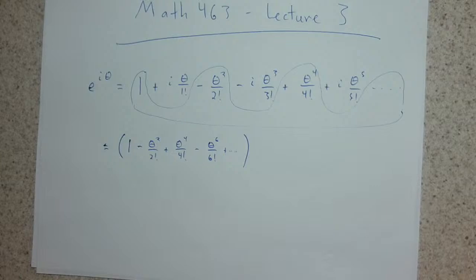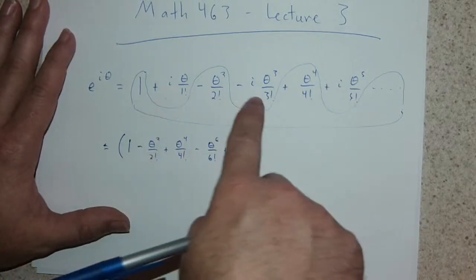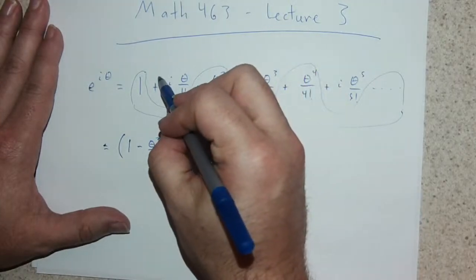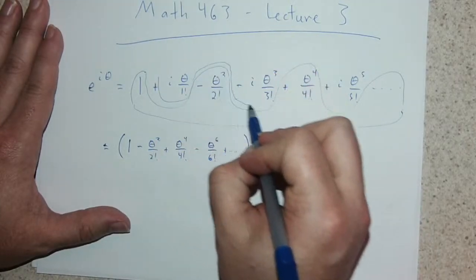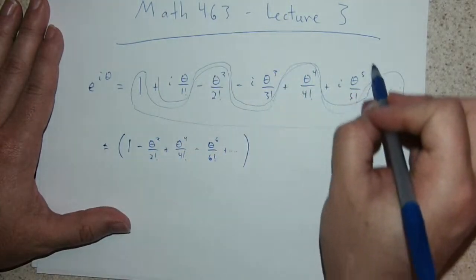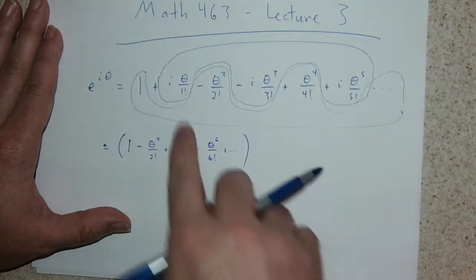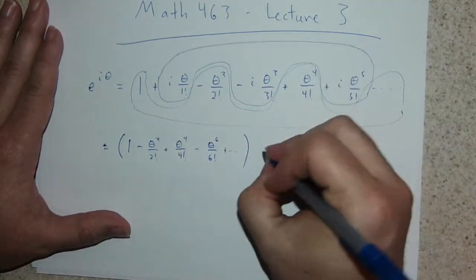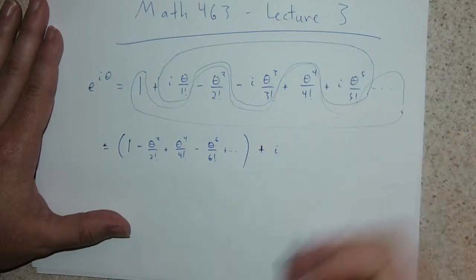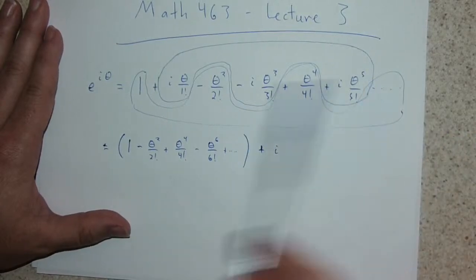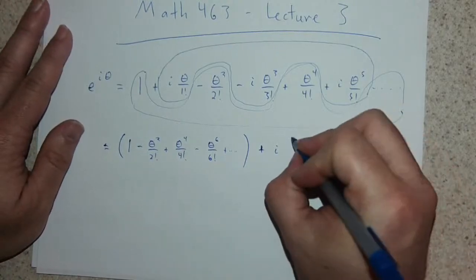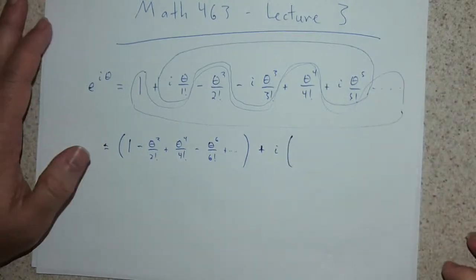But what is left in the odd powers? In each of these I have an i. So if I factor out that i, and again, don't pay attention to the fact that I'm factoring out something that's multiplying an infinite sum, we won't talk about that at the moment.